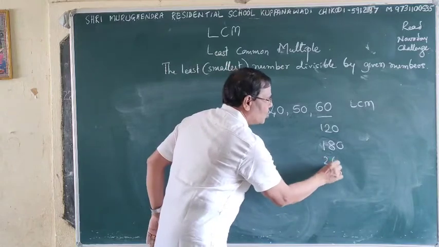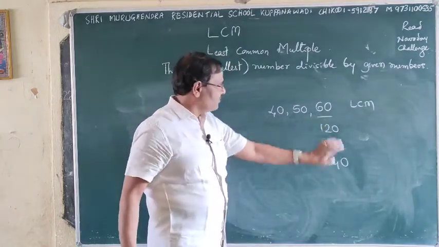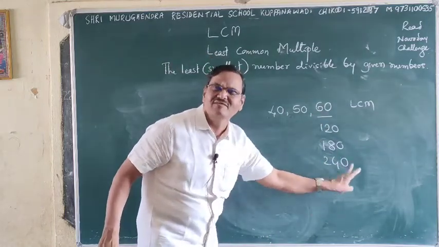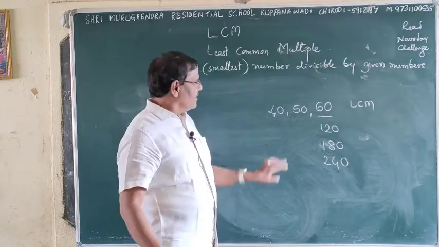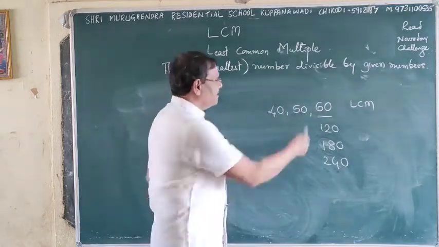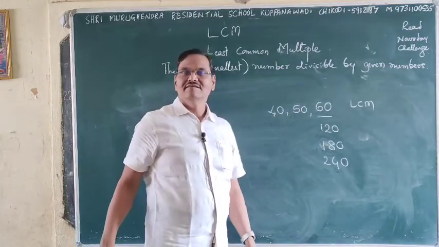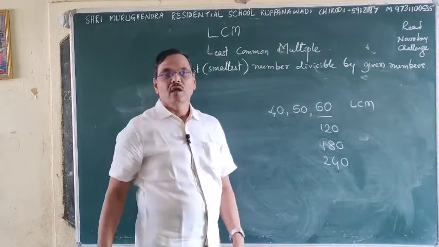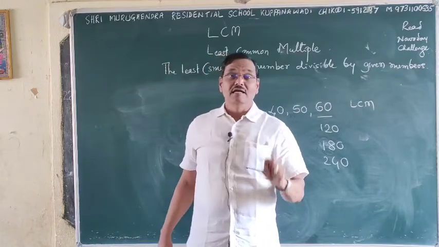Then we go to 240. 60 fours are 240. 6 4s are 24, and in front I kept 0. See, 40 also has 240, whereas 50 has no 240.